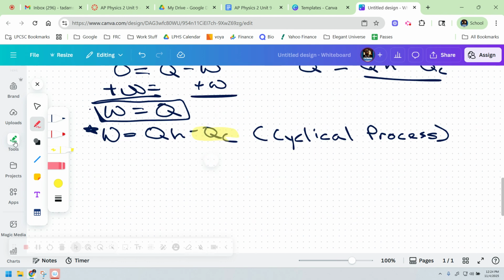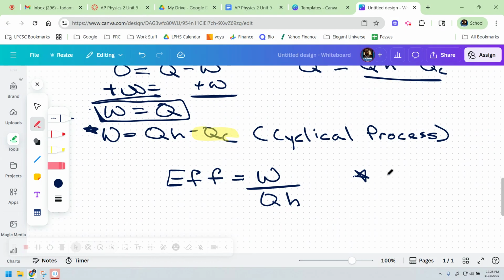So the efficiency, and we'll call this EFF, mathematically will be your work divided by the heat that comes into the system, which is just going to be your high heat. Okay? But also remember that work is equal to QH minus QC.